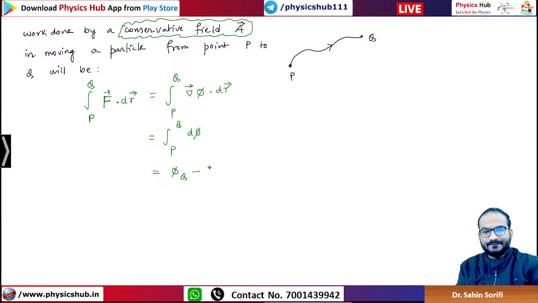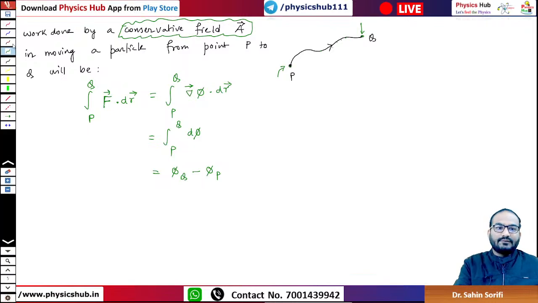What does it mean? It means the value of phi at this final point Q, and phi P is the value of that function phi at this point P. So it is only depending on the initial point and the final point. It is not depending on the intermediate points, hundreds and thousands of intermediate points.